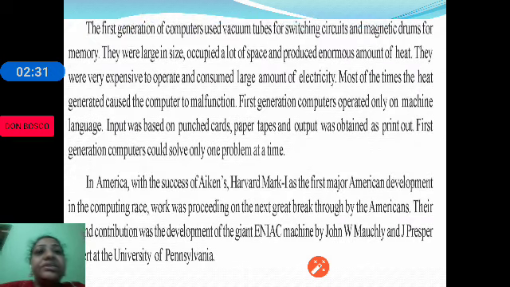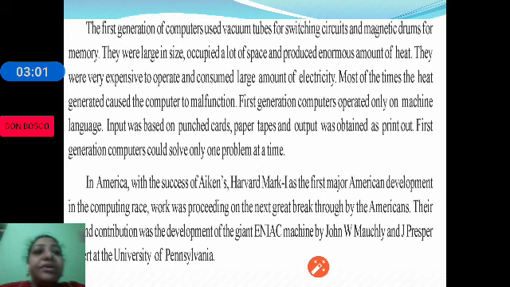These computers used vacuum tubes for switching circuits and they used magnetic drums for storing the information. They were very large in size, they occupied a lot of space and they generated an enormous amount of heat. They were very expensive and they consumed a large amount of electricity.